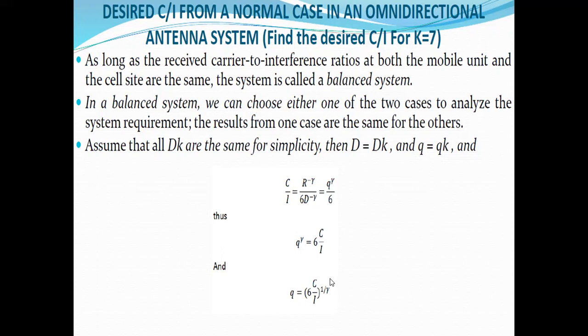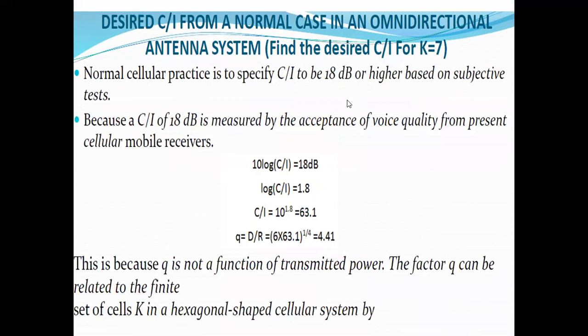Now if I am taking the normal cellular practice, then C by I is 18 dB in that case. How is it possible? 10 log C by I, basically 18 dB is specified.